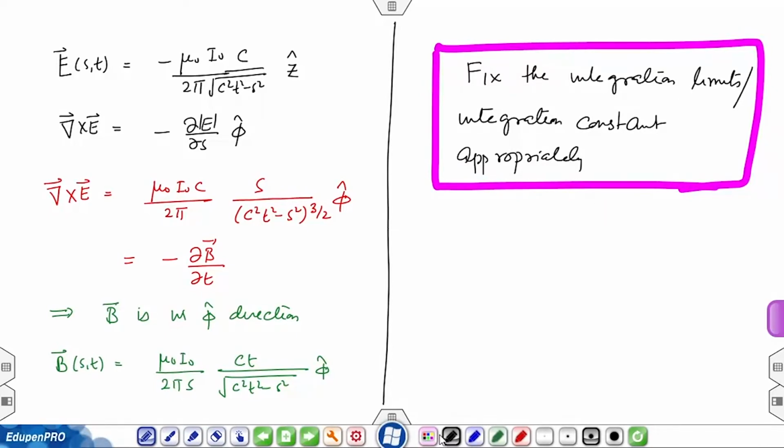That is one thing. The other thing I am leaving for you is to compare the answers with those given in Griffiths.